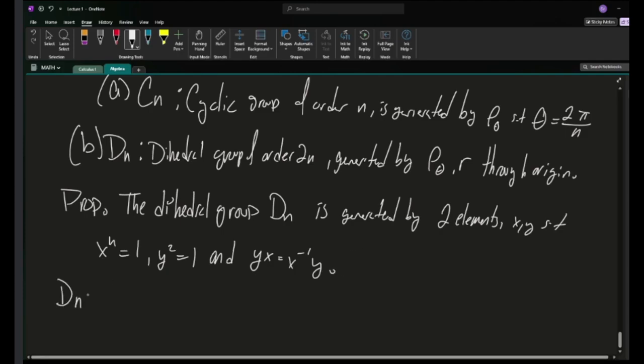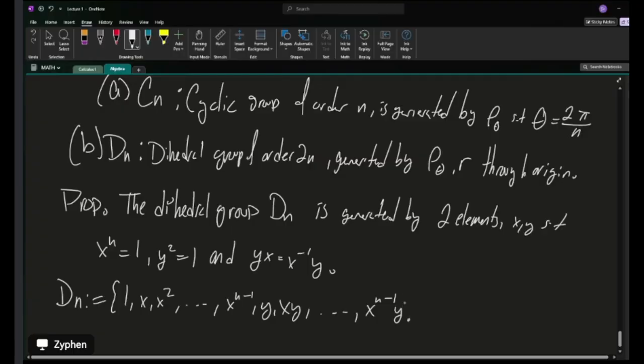Then Dn is established as the elements 1, x, x squared to x to the n minus 1, y, xy, up to x to the n minus 1 times y.